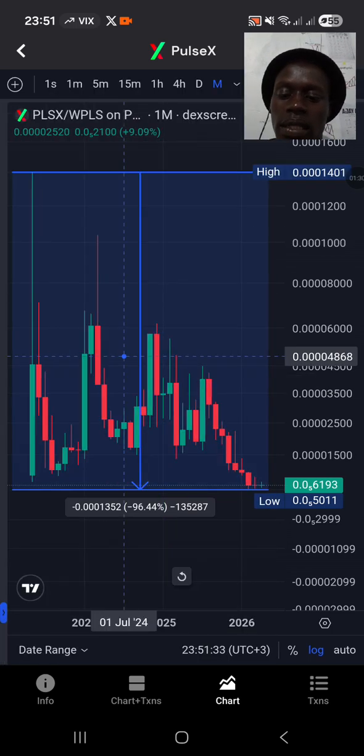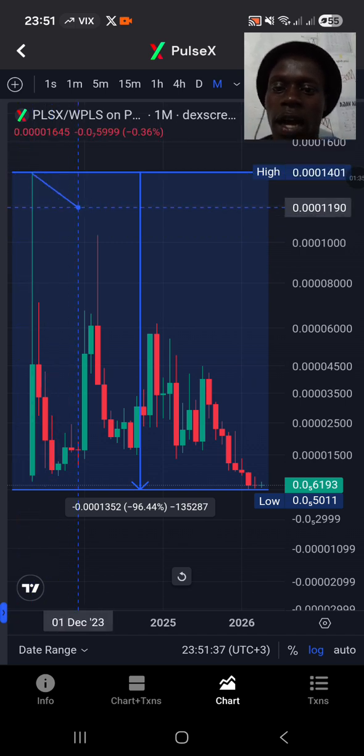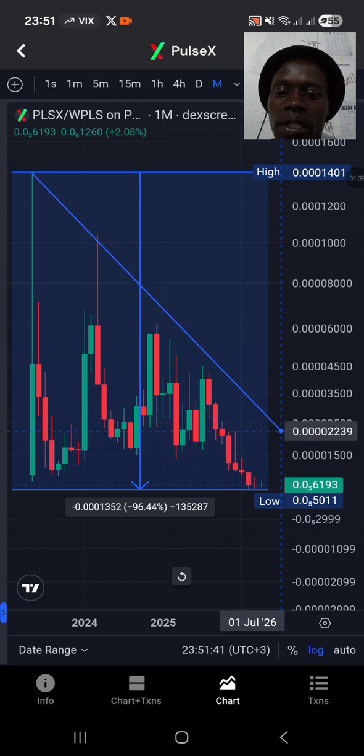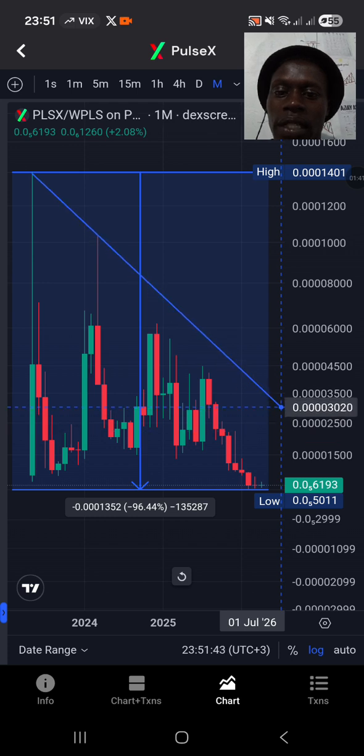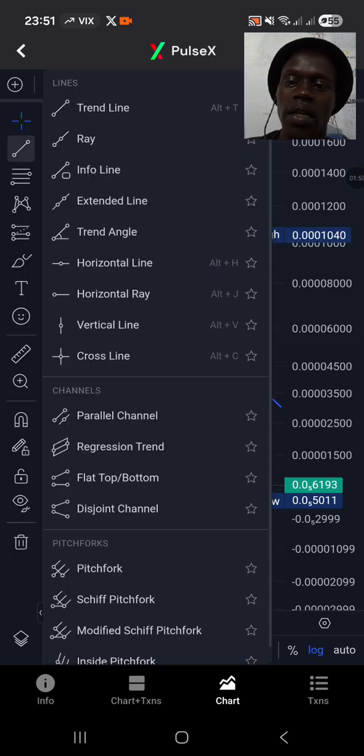Just to add another simple trade tool, this trend line here measures from this long high to the second touch there. That is one dynamic trend line showing the downward trend and how price touched those 2 points.